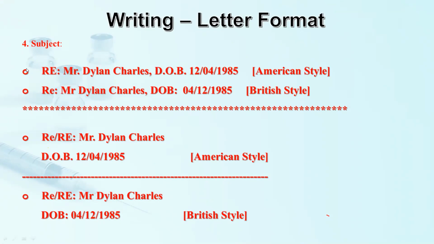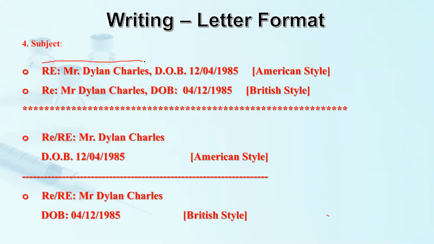Okay, regarding the subject, we have 3 examples or 3 options to write this subject. The first one is to write regarding Mr. Dallin Charles, comma, then 1 space, then the date of birth in American, or the same one in British, with a comma and 1 space between. Let me highlight this one.